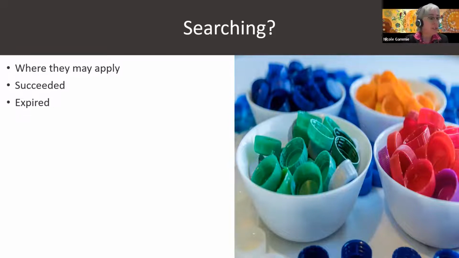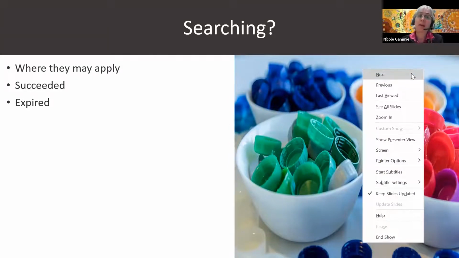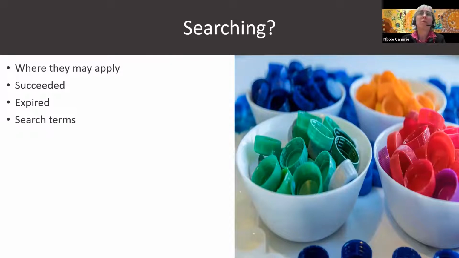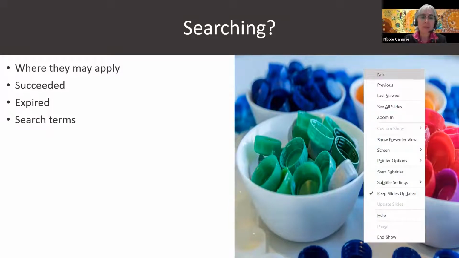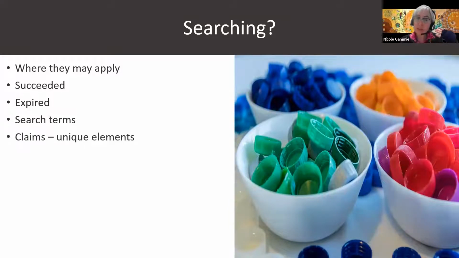Another thing is that you need to make sure that they haven't actually expired, because with that time frame, some things may not survive the long term. Also think about your search terms, because what you might think is an ordinary search term may not actually be what has been used to label that particular patent. So you might need to think a little bit more laterally.